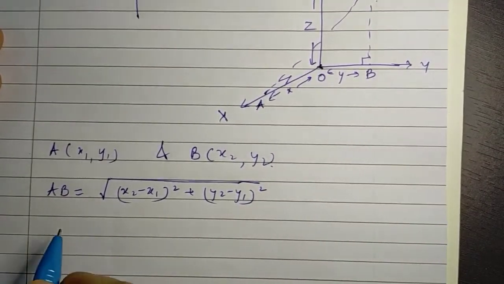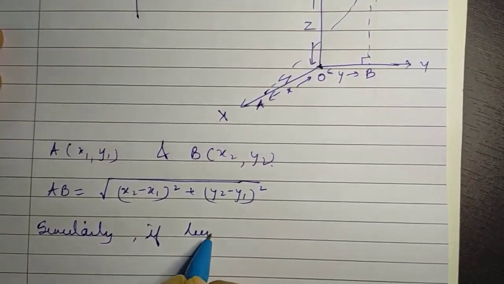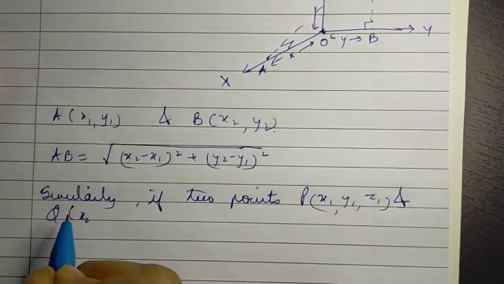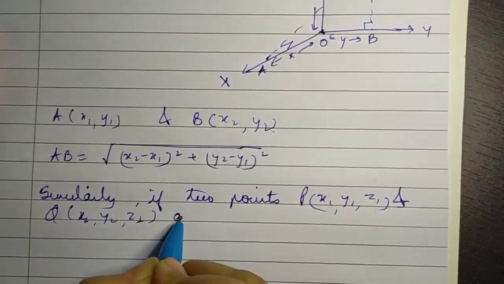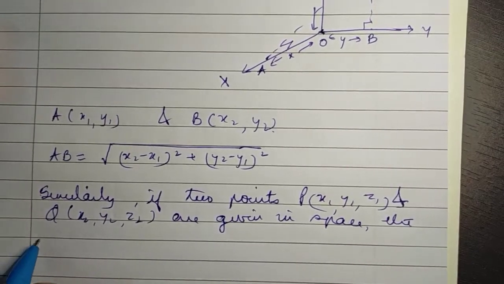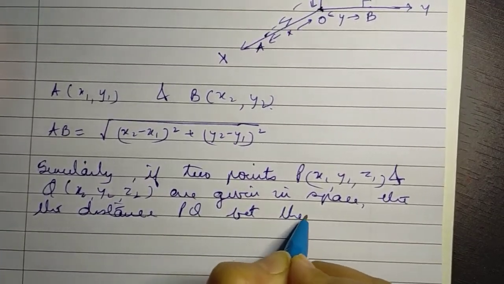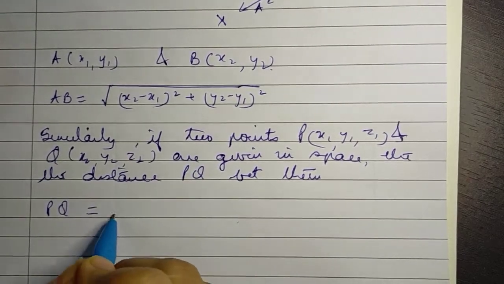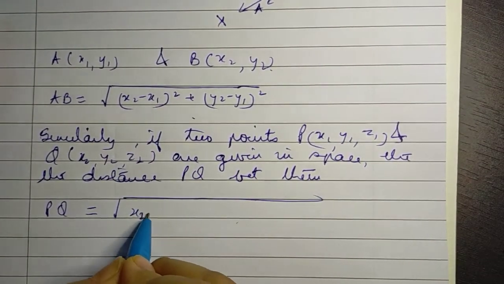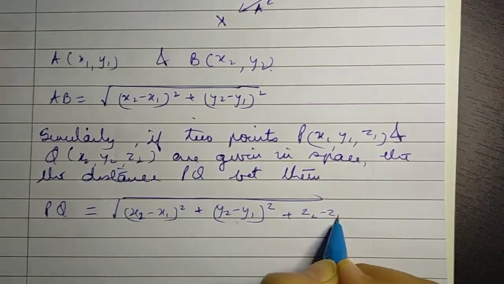Now extending this to 3D. Similarly, if 2 points P (x1, y1, z1) and Q (x2, y2, z2) are given in space, then the distance PQ between them can be found out by simply extending one more coordinate and one more term to this expression, that is square root of x2 minus x1 whole squared plus y2 minus y1 whole squared plus z2 minus z1 whole square.